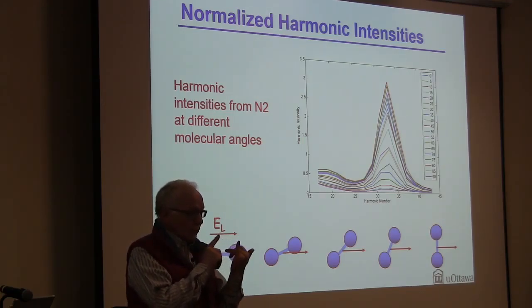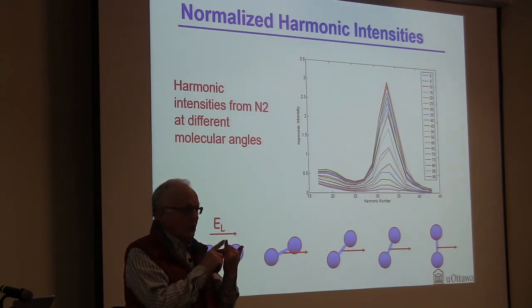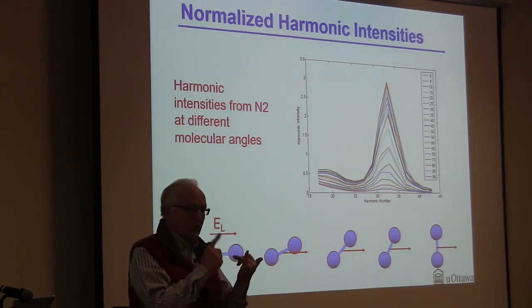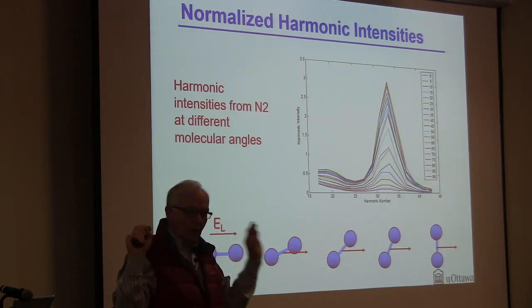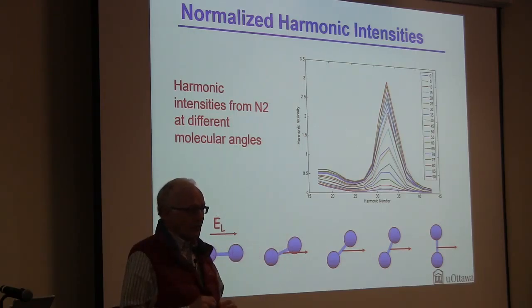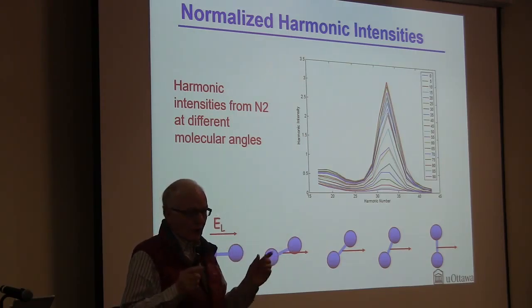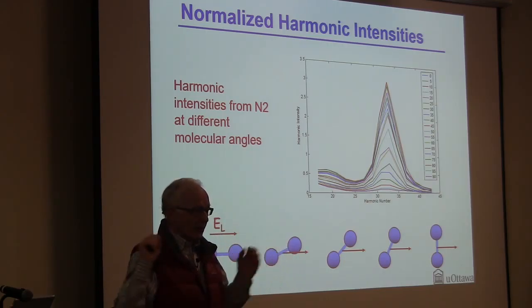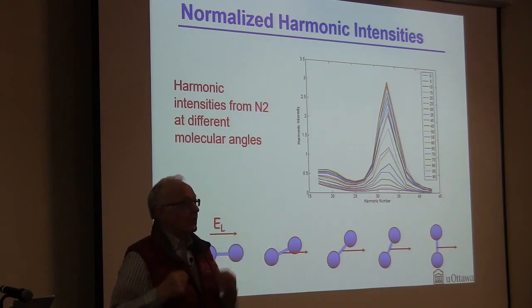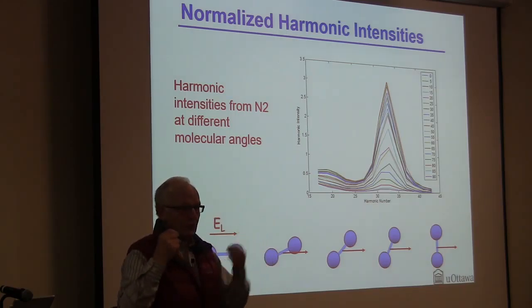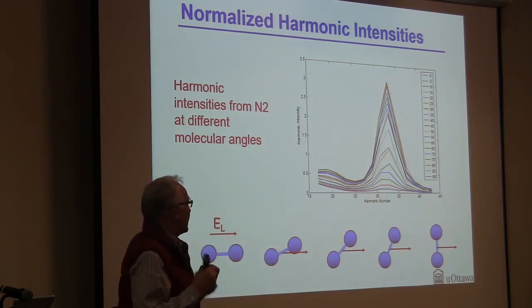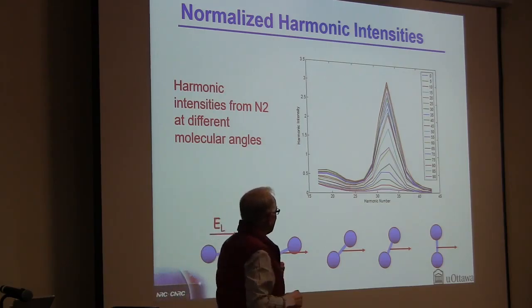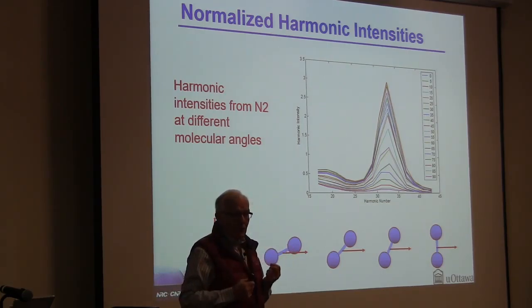What we choose to do is to calibrate it out by using an atom as a reference, an atom that is almost identical in its ionization properties to nitrogen. And that's argon. There have been many studies of argon versus nitrogen, and they ionize very similarly, aside from the details of ionization as a function of angle, and that's not so strong. So we use argon as a reference.